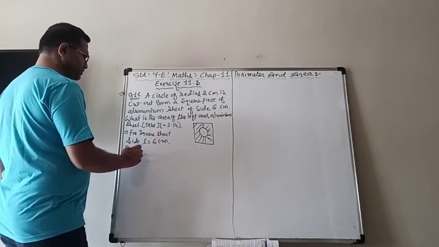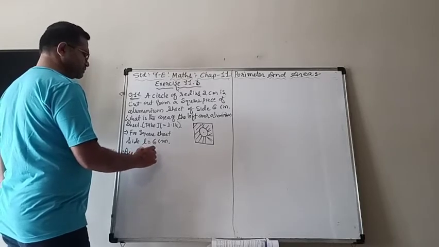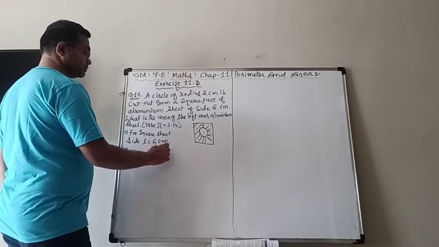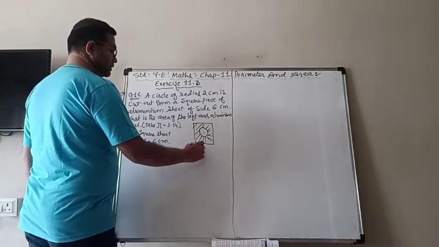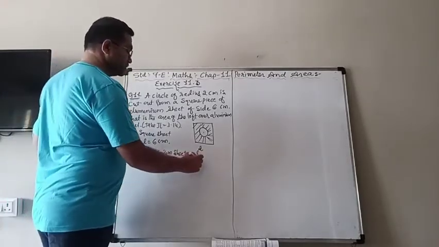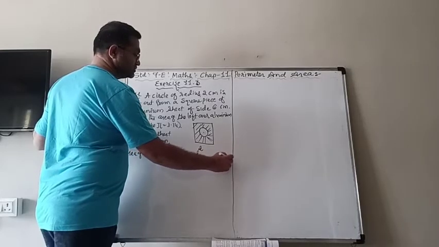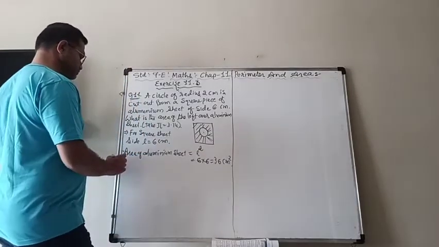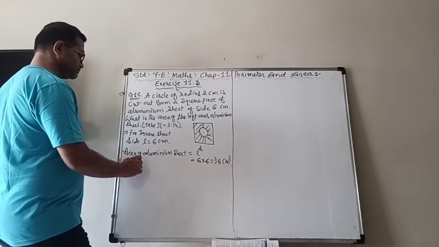Therefore area of aluminum sheet is L square, means length multiplied by length, 6 multiplied by 6, that is 36 centimeter square.